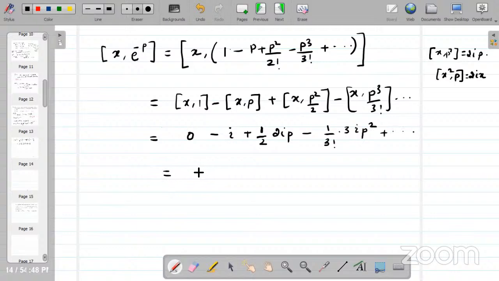So now we have here minus i plus ip, then minus, there is a 3 factorial, so it will be i p² by 2, then plus i p³ by 3, like that it goes. So this is [x, e^(-p)].